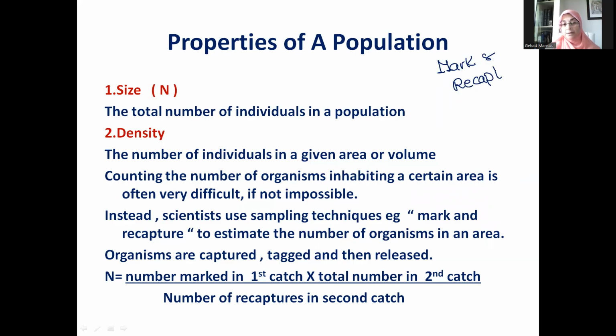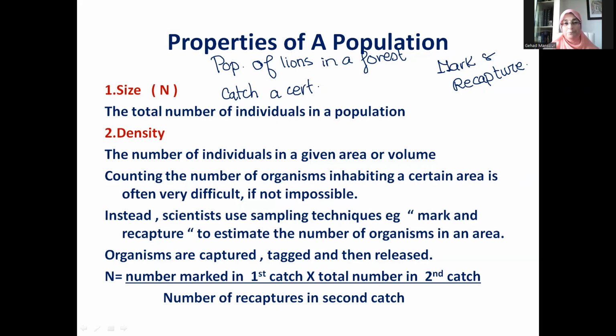Meaning, for example, that if you are talking about a population of lions in a forest of known area, in a forest that has, for example, boundaries, so that the area is well determined, you're going to catch a certain number of lions. If it's possible, of course, to catch a lion.